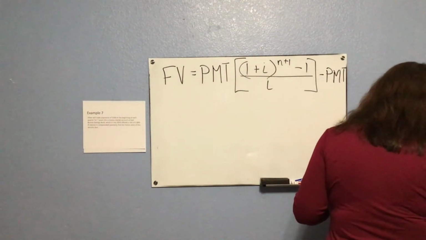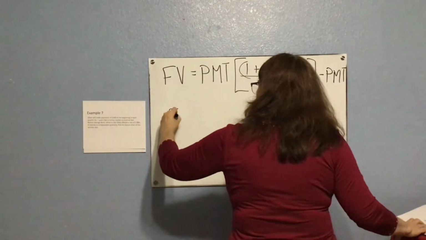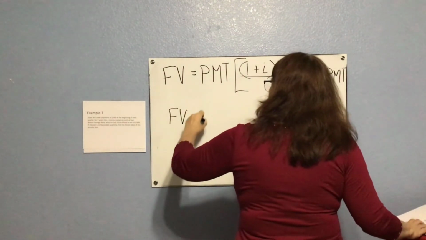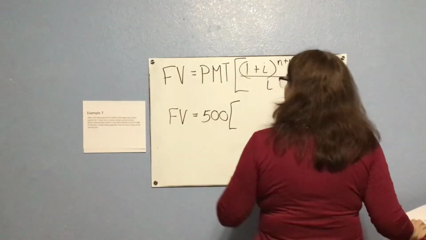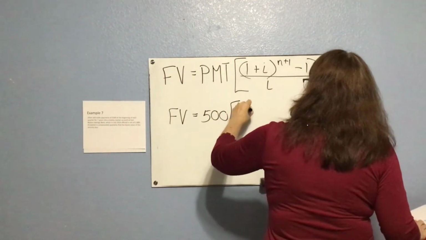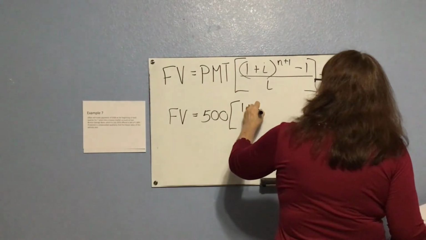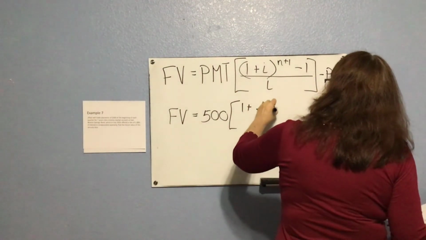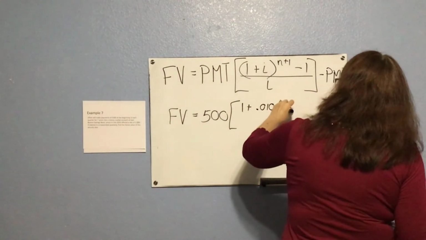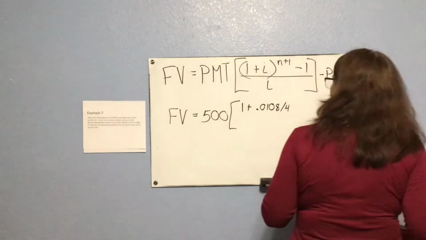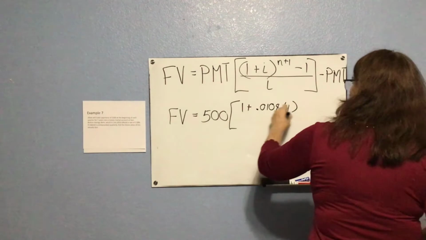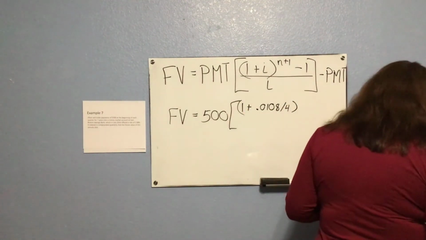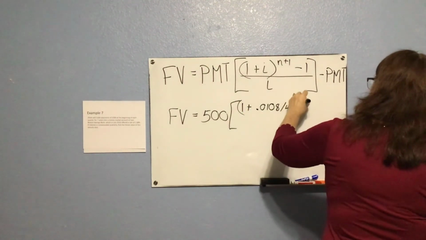So for Jillian's case, we have future value is equal to 500 times 1 plus 0.0108 divided by 4, since it's paid quarterly. And we're going to raise this to the 29th power.